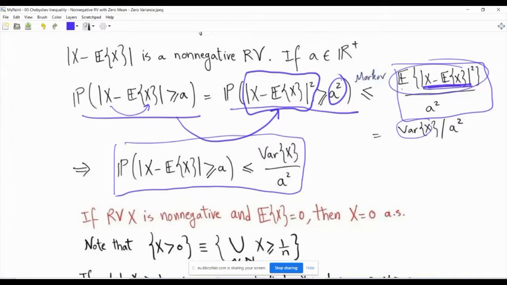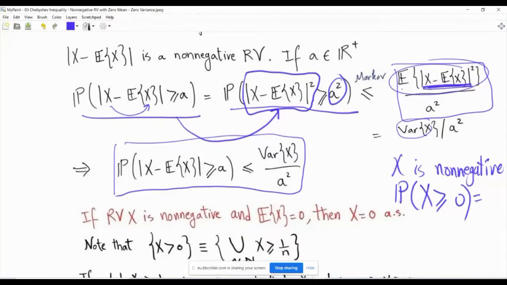The idea of proving it: X is non-negative, right? So if X is non-negative, what is the probability that X is greater than or equal to 0?